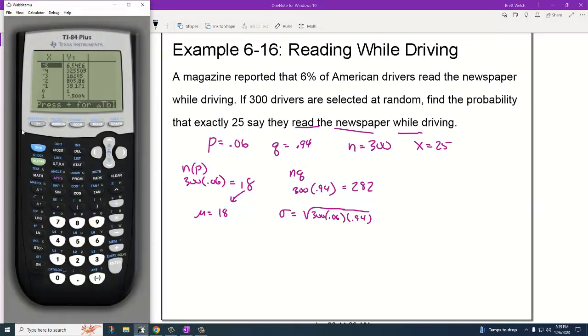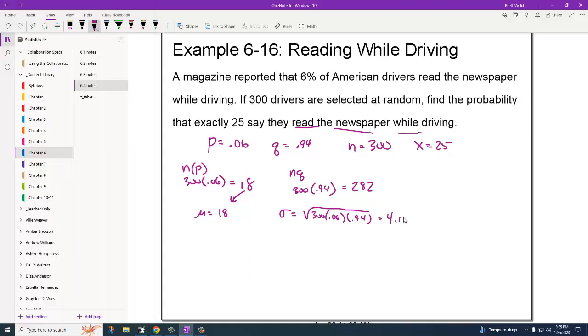So we'll grab our calculator and we will do the square root of 300 times 0.06 times 0.94, and we get 4.113. At this point, I need to write the probability and make the adjustments.